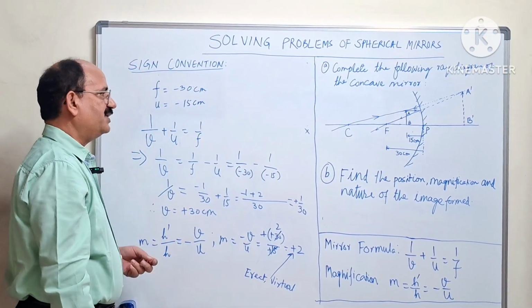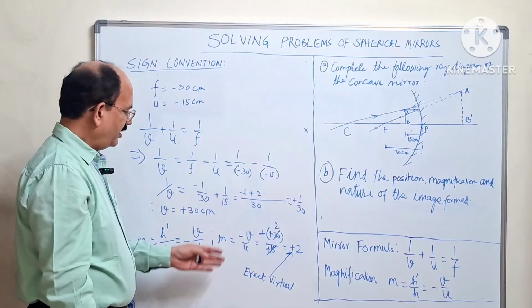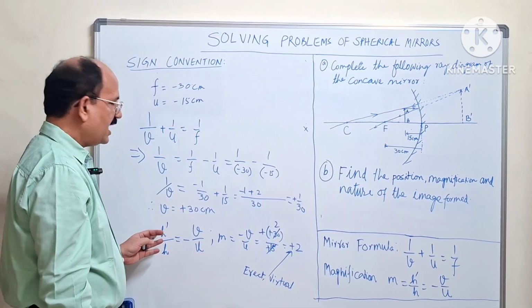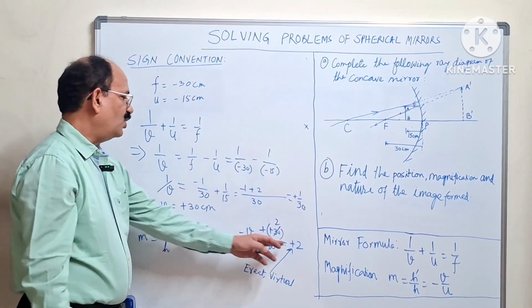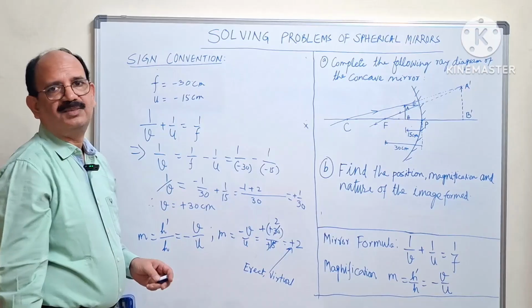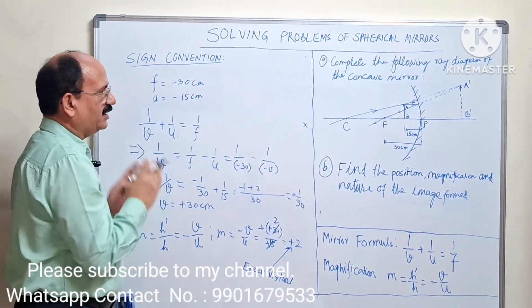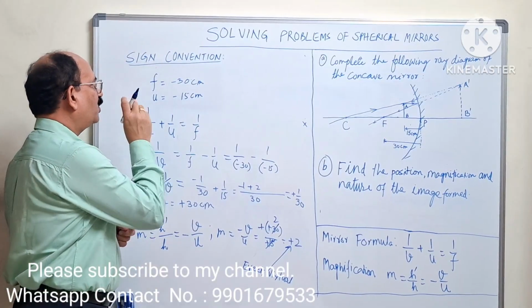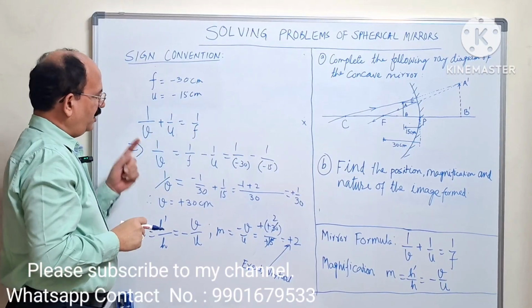If height is given, suppose height is given as maybe 3 centimeters, then the size of the image, h dash, will be 2 times 3, that is 6 centimeter.